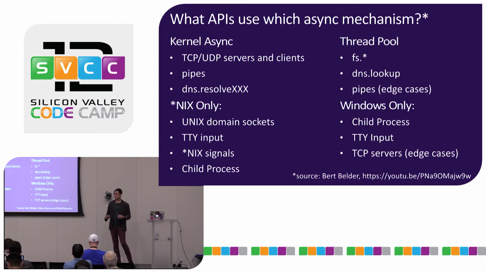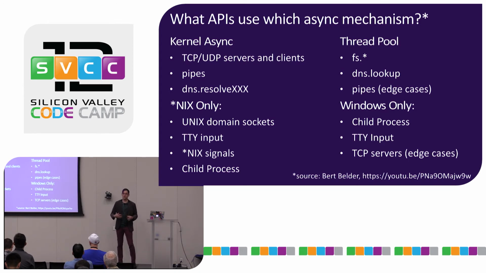It is possible, when you're doing a lot of file system I/O, to run into this thread pool limitation. DNS.lookup itself, as it turns out, doesn't have an asynchronous version, so that's also run inside the thread pool. And then finally, there's a couple of edge cases around pipes, specifically if you have pipes that you're piping from the file system, because the file system itself has to run in threads.